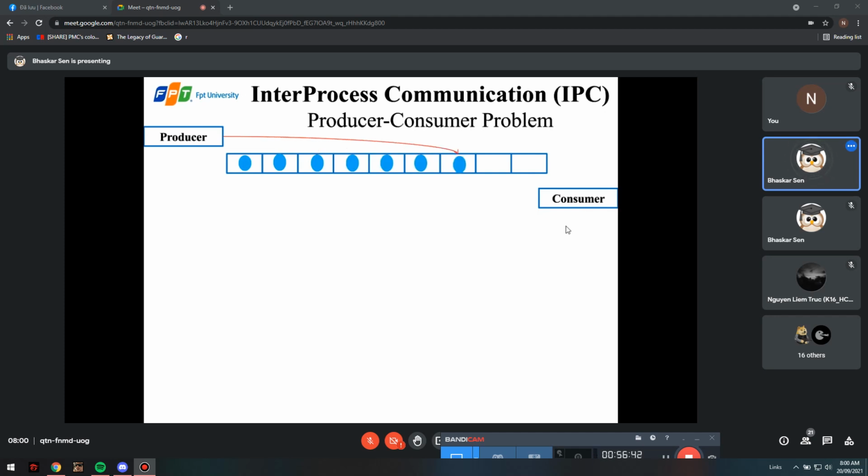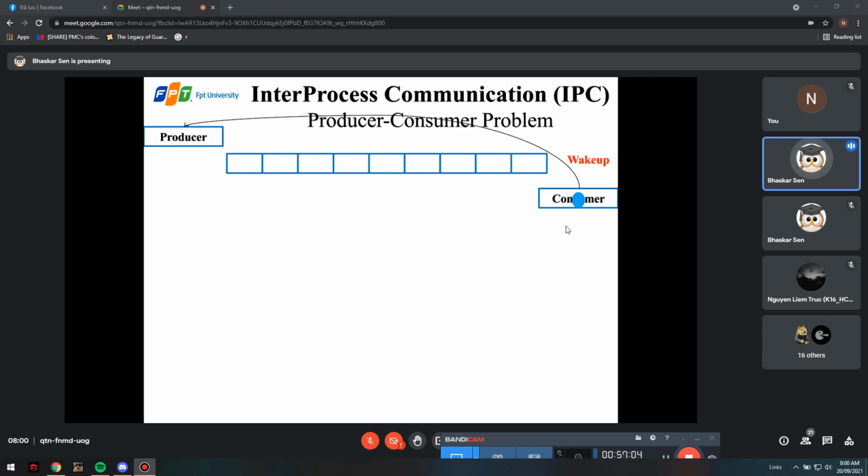So then, as you can see, the producer goes on to fill it up. And finally, the consumer takes the first one out. And as the consumer takes the first one out, he gives a wake-up call to the producer.